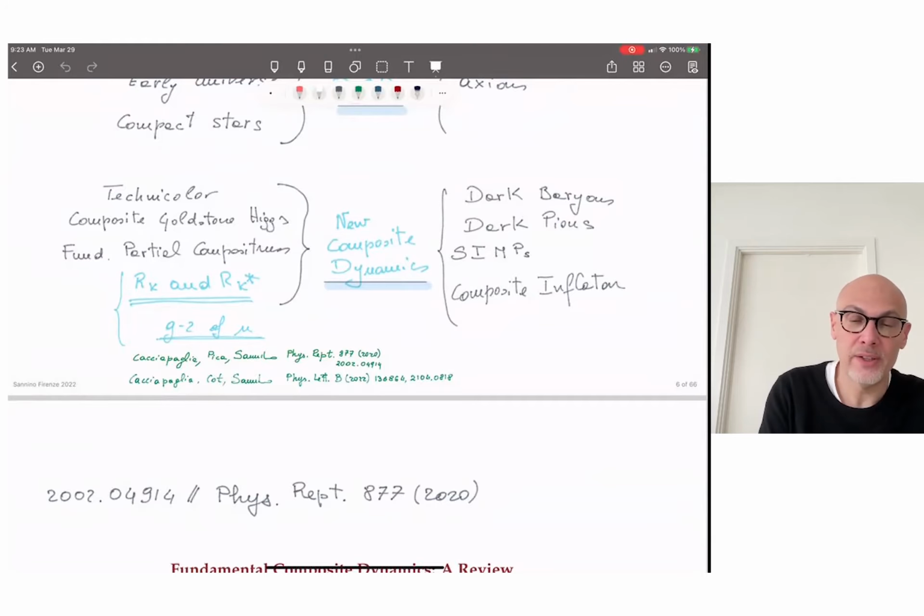A variant of this that has been quite popular in the literature is: what if the Higgs, rather than being the sigma, or if you want the linear, the QQ-bar condensate, is actually a Goldstone boson per se? I would still call this a variation of the technicolor dynamics, but because of the history, it has been given the name of composite Goldstone Higgs.